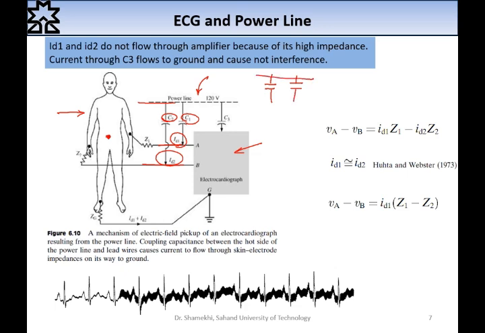We have a power line here, C1, C2, ID1 and ID2. These currents flow through our body and our body will act like a node.